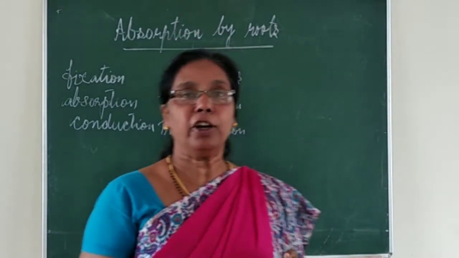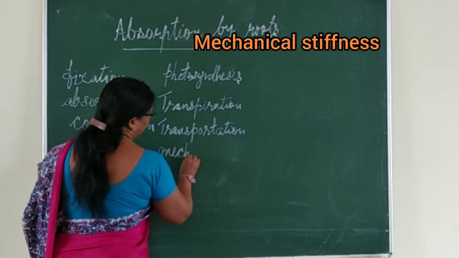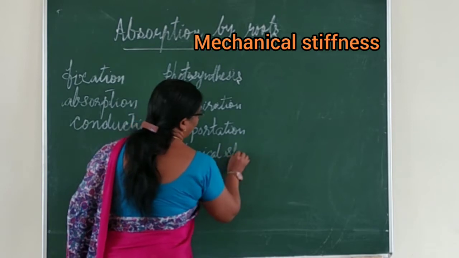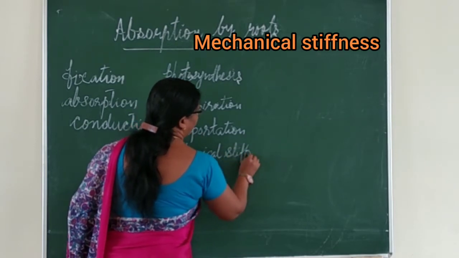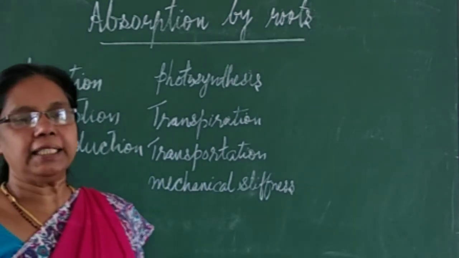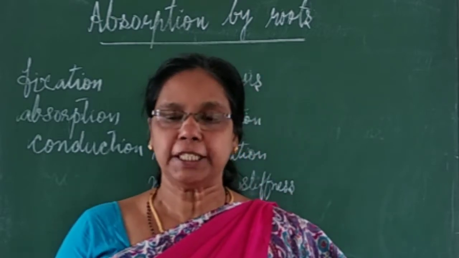So for transportation also, water is needed. And the fourth one is for mechanical stiffness. Water provides turgidity to the cells.